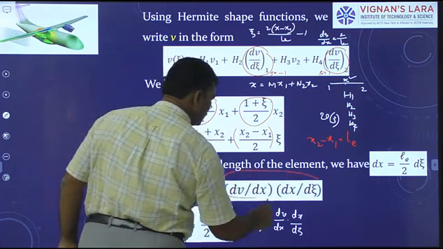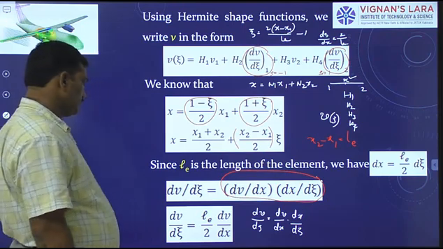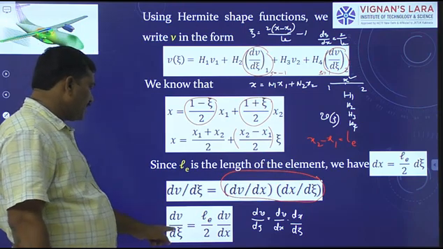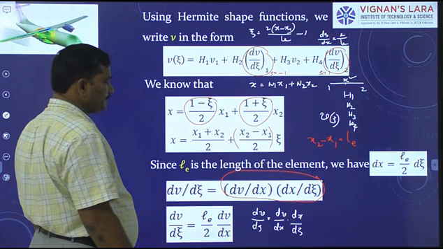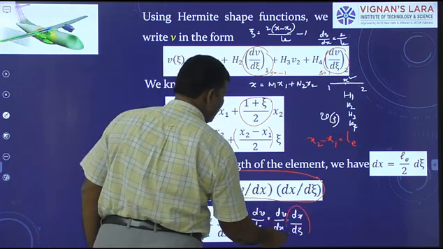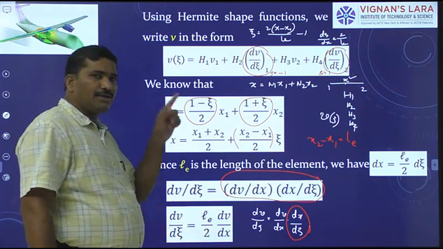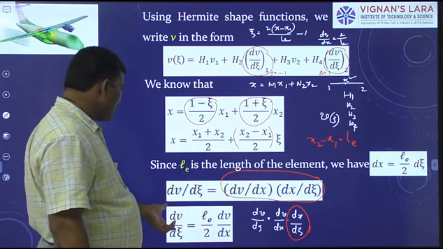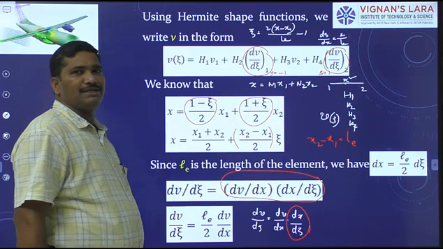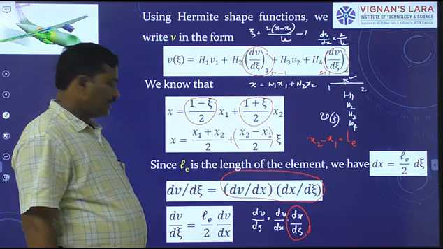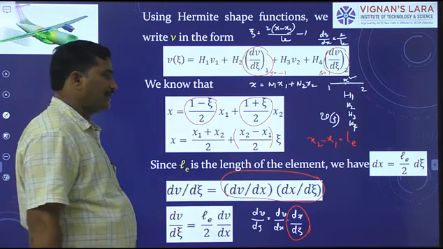Now, what is dx by dξ? It is simply Le by 2. So in place of dV by dξ, you can write Le by 2 into dV by dx.